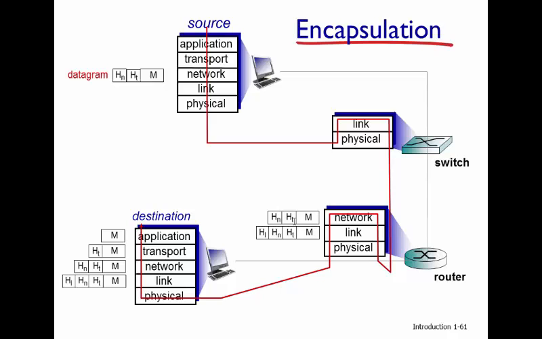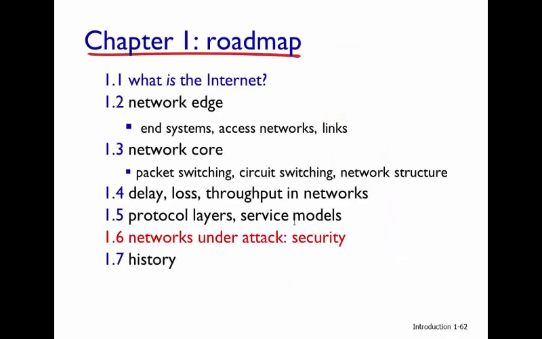So the corresponding header is attached, and the link layer header is attached. And when it comes into the router, at the link layer of the router, the link layer header is detached and handled, and the network layer header is detached and handled. That's it.